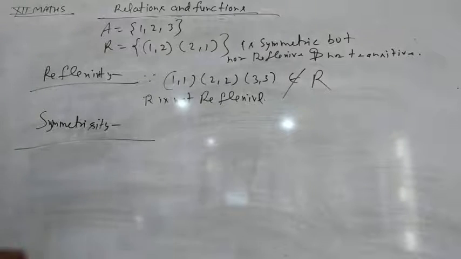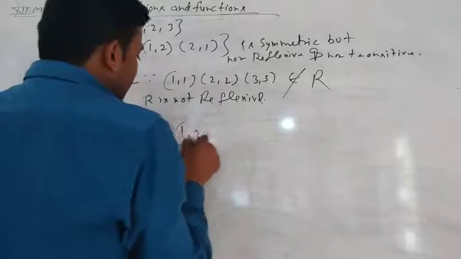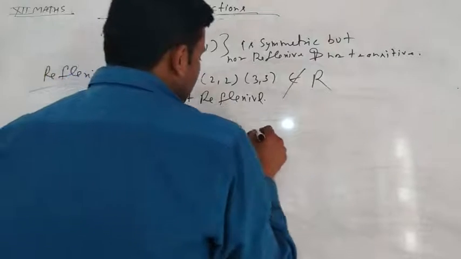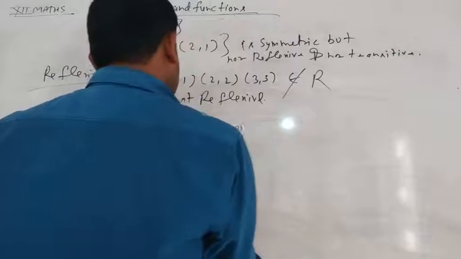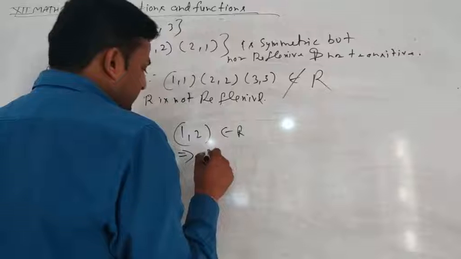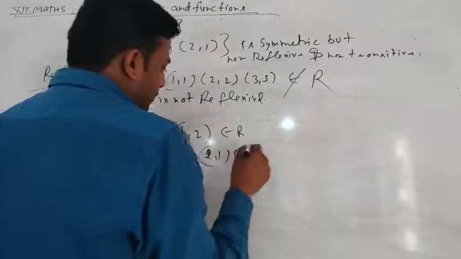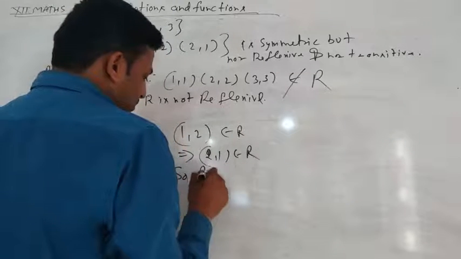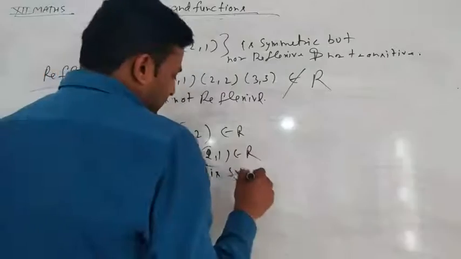Okay, now for symmetricity, students, we are saying that (1, 2) belongs to R implies (2, 1) belongs to R, so our R is symmetric.